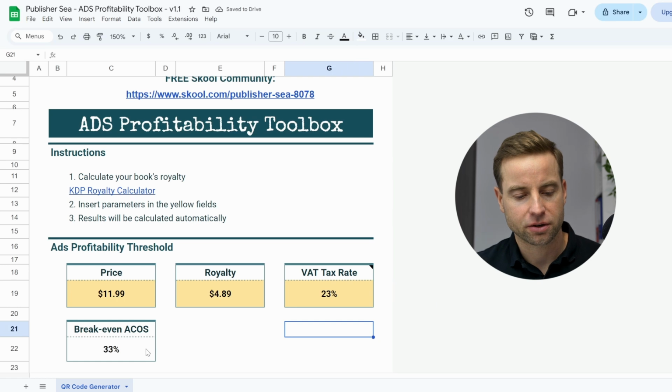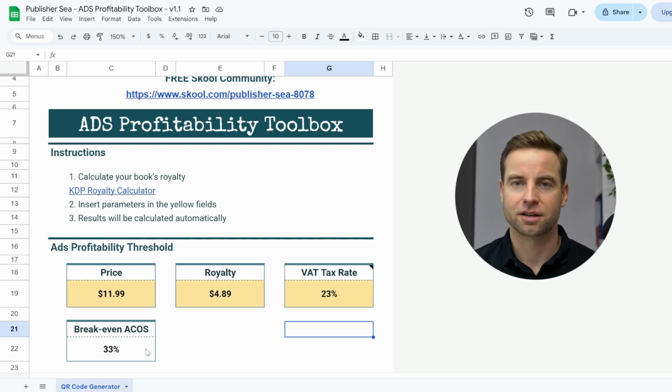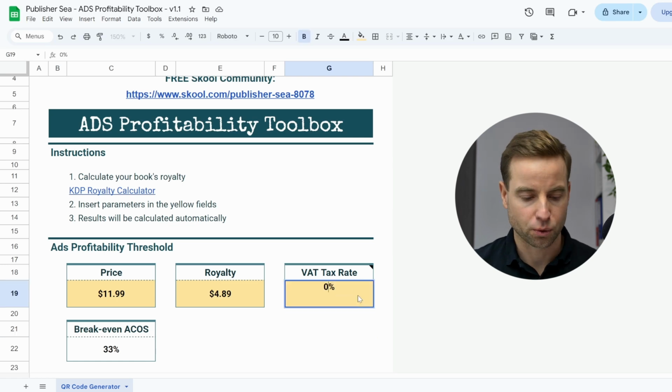Our break-even ACOS is lower, 33%. So it means that it is more challenging to maintain profitable campaigns and targets, right? Which is logical. The more tax we pay, the less profit we make, right? Feel free to use that calculator to calculate the values for your books and to check how it looks with no tax or high tax.